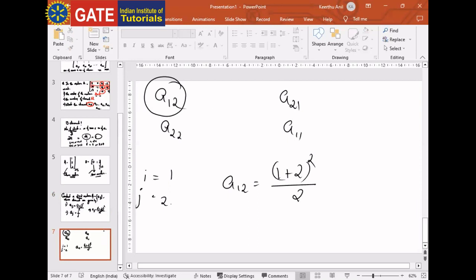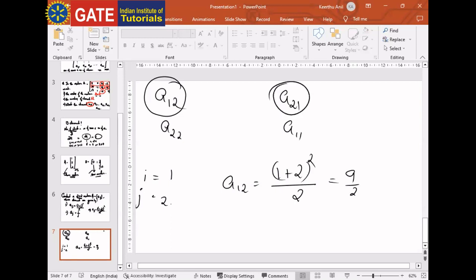What is 1 plus 2? Sorry, 3. 3 square means 9. 9 by 2 it comes. 1 plus 2 is 3, 3 square is 9, 9 by 2. We can write it as 9 by 2, or we can go for 4.5 also, no problem. Generally, we put it as fractions only.